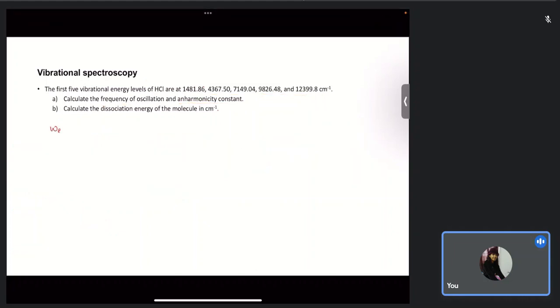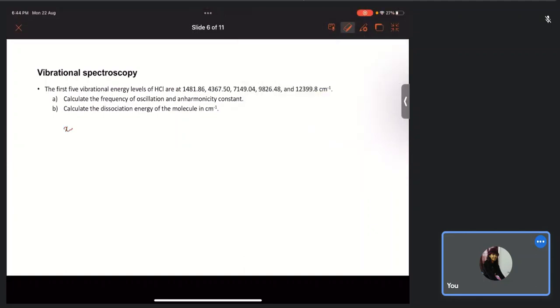So we have omega E by 2 minus 1 by 4 omega E Xc is equal to 1481.86. 3 omega E by 2 minus 9 by 4 omega E Xc is equal to 4367.50. This is equation 1. This is equation 2. So we can multiply equation 1 with 3.